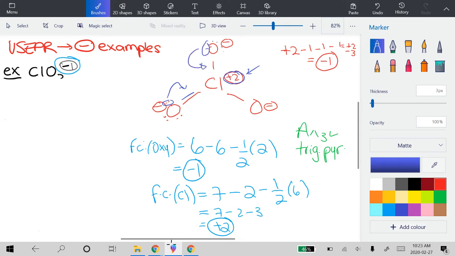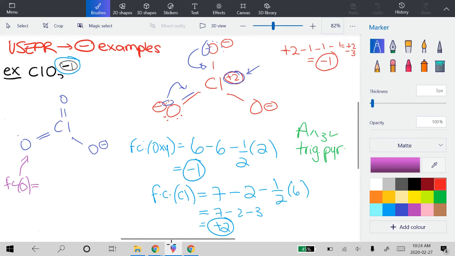And I know that it'll have to do it twice because it's going to double bond to one of them, double bond to a second one, single bond to an oxygen, and that'll leave me my -1 charge that I want. And I'll just double check for you guys to show you that the oxygens that are double bonded and the chlorine have a formal charge of 0.